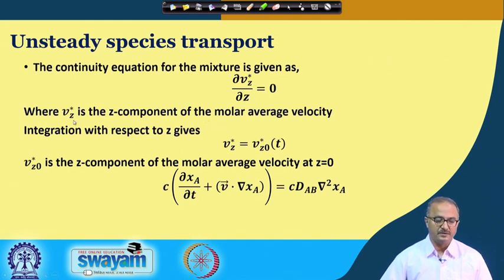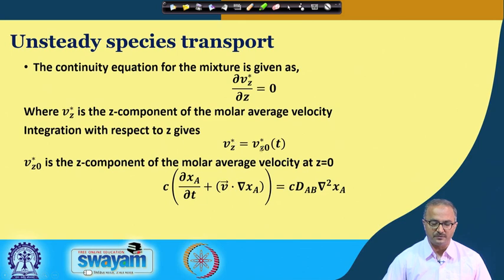Here this Vz is the z component of the molar average velocity, because we have both A and B components together. Even though A is going in, once it goes into the B phase, both A and B combine, and the velocity of A will also be dictated by the presence of B. These things are covered in more detail in mass transfer analysis, so for the time being I am not going into those details.